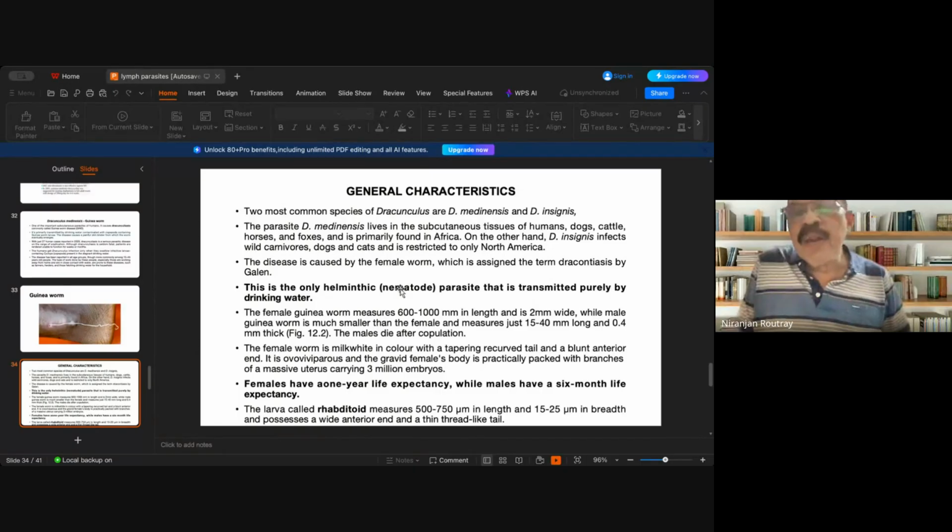Females have a 1 year life expectancy while males have a 6 month life expectancy, but after the copulation between the male and the female, the male dies. The larva that comes out of the egg is called a rhabditoid. It measures around 750 micrometer in length and possesses a wide anterior end and a thin thread-like tail.